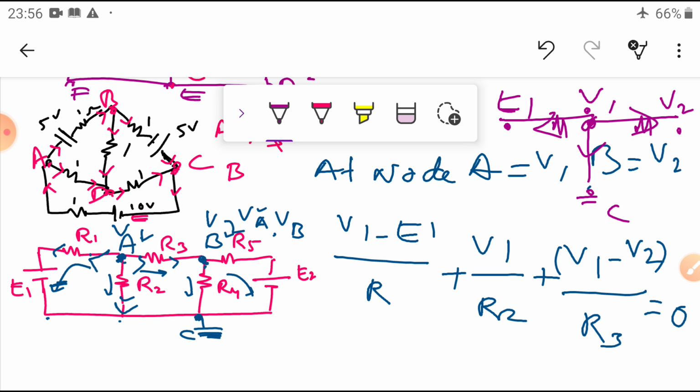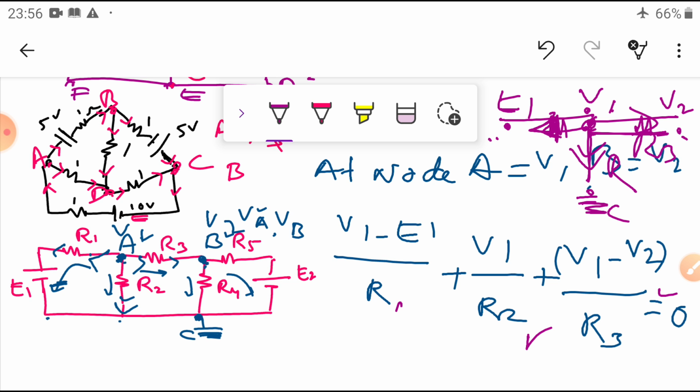Now V1 minus E1 divided by this resistance, which is R1. So we get this current, plus this current I want to know: V1 with reference, V1 by R2. Now for this current, V1 minus V2 divided by R3. This is the basic concept. Then you simplify it and get one equation.